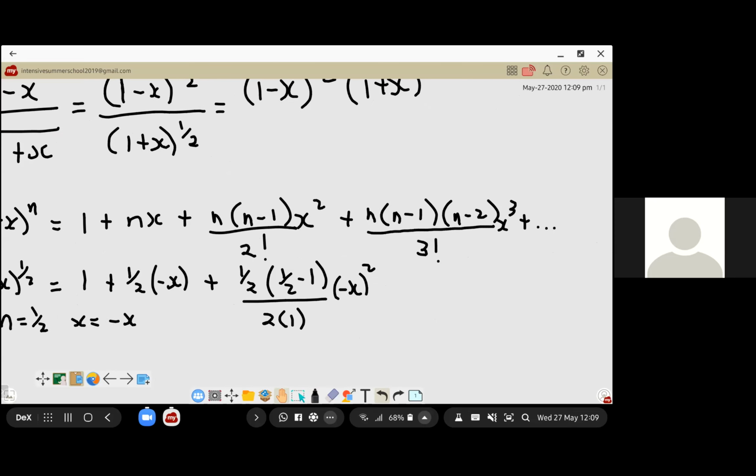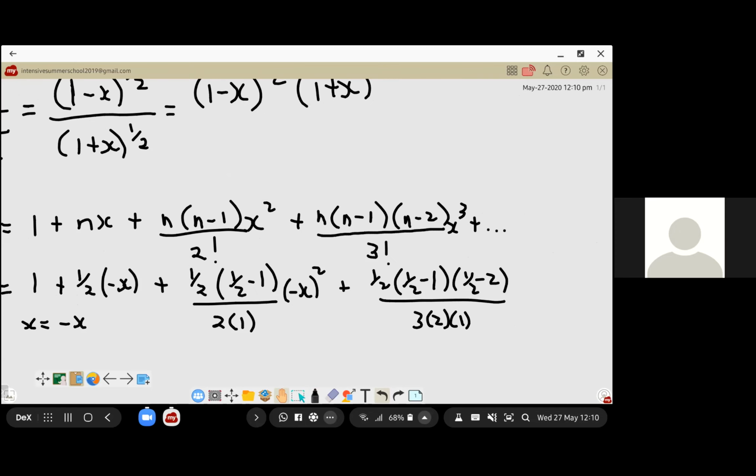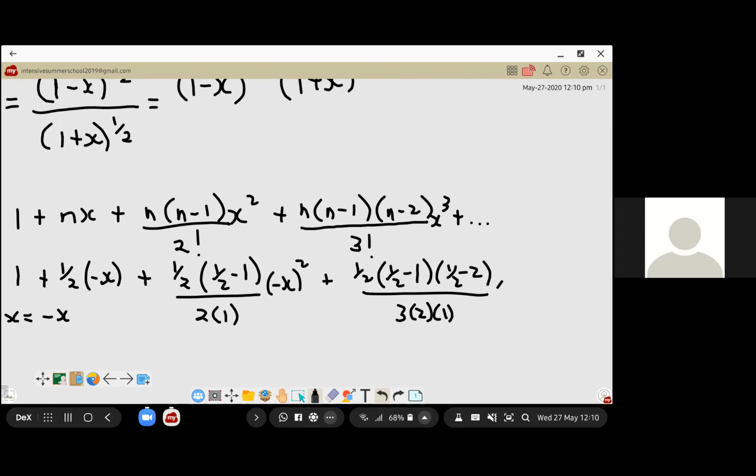Plus half times (half minus 1) times (half minus 2) over 3 times 2 times 1, and then negative x all cubed. So let's get going on my calculator, guys.